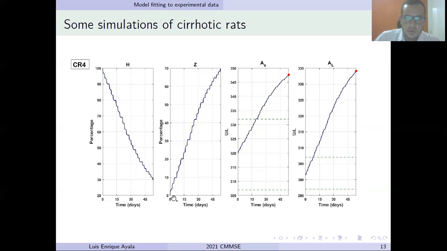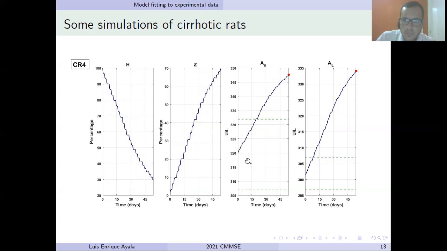And for this graph, we can observe that the damaged hepatocytes increase. These two graphs correspond to the AST and ALT levels. This red point is the measurement by the biologist. We didn't know the levels at the beginning of the experiment, but these lines correspond to the healthy levels.